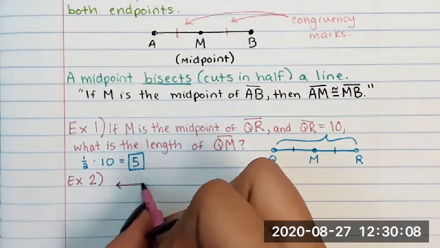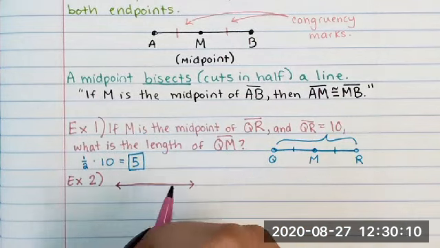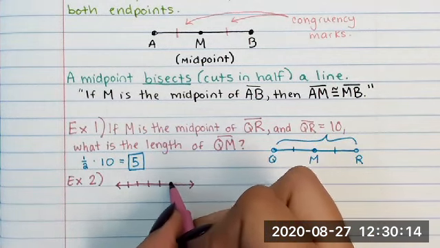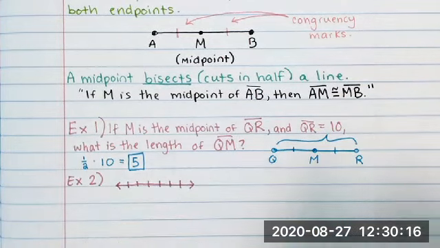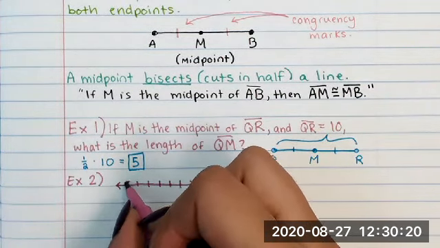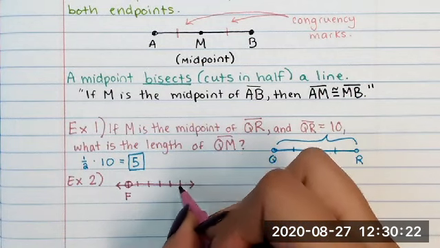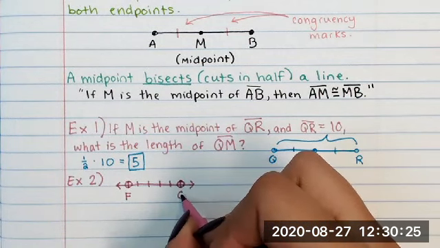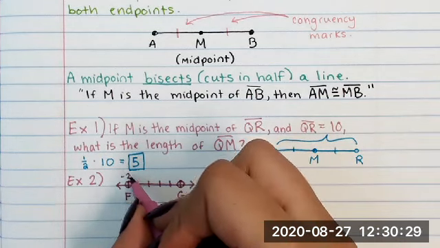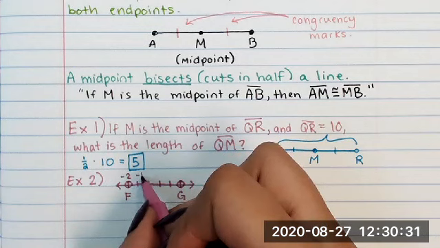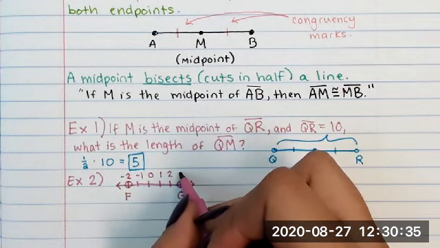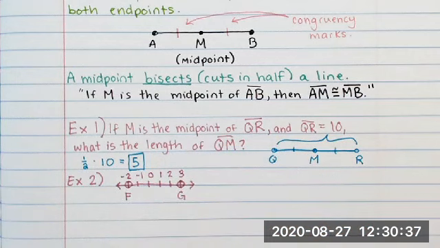And this time I'm going to draw a picture. So if I have point F here, and point G here. And this is -2, -1, 0, 1, 2, and 3.